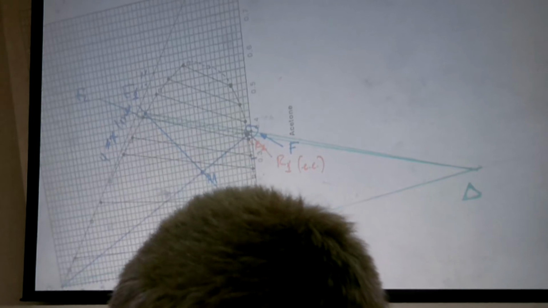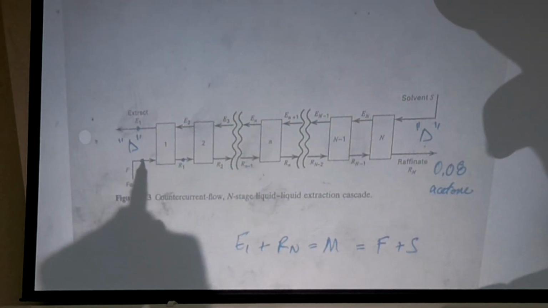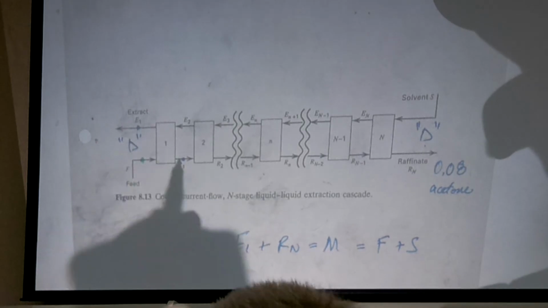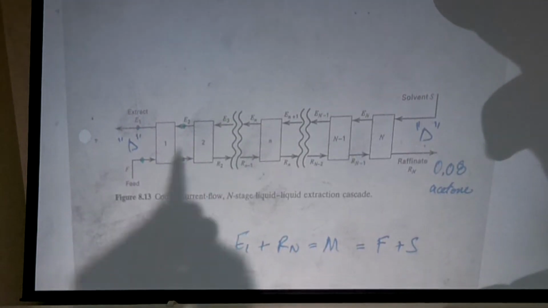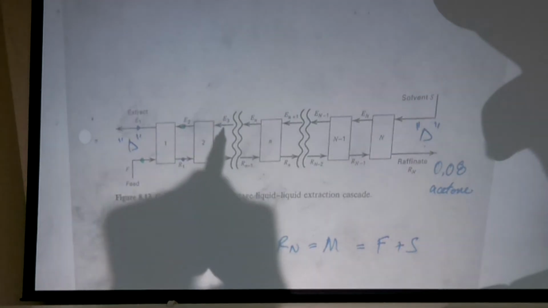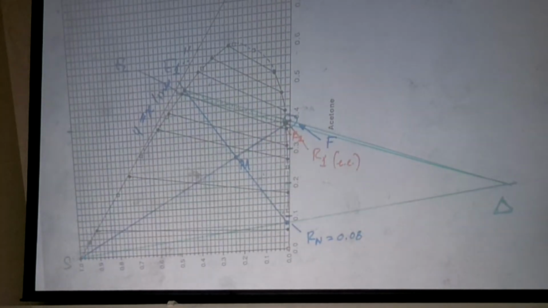Looking at this picture, notice what we're doing. We got a delta point, E1 and F from our mass balance. Then we did E1 to R1, then the operating line to E2, equilibrium to R2, and now operating to E3, and we just continue this process.